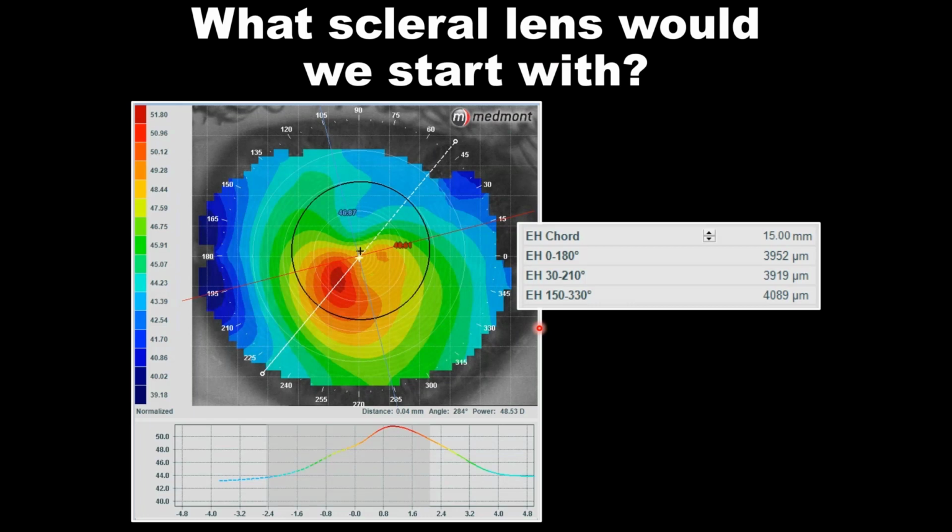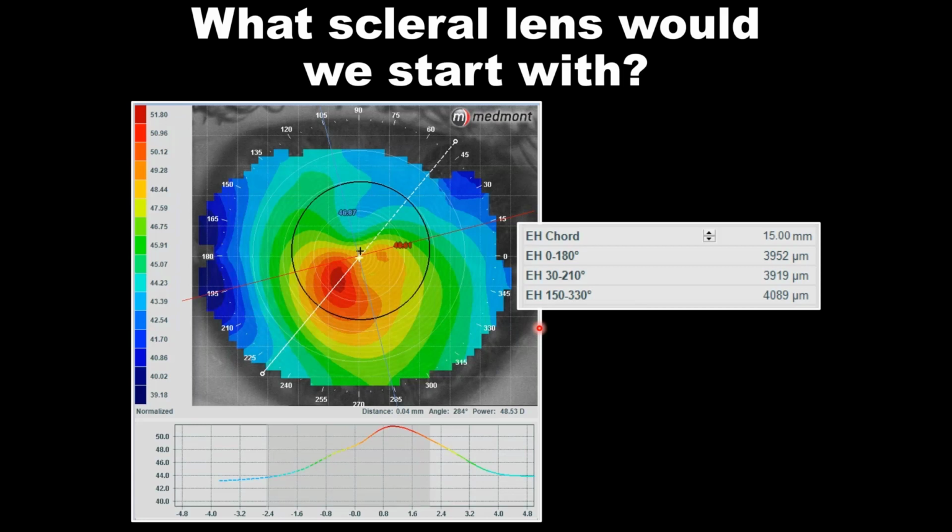But if you needed or felt like scleral was the best choice for this patient, let's assume we'd already tried corneal GP and comfort was an issue, or ocular surface disease was a challenge that was confounding our case here, then we might choose scleral. How can we choose that initial lens?